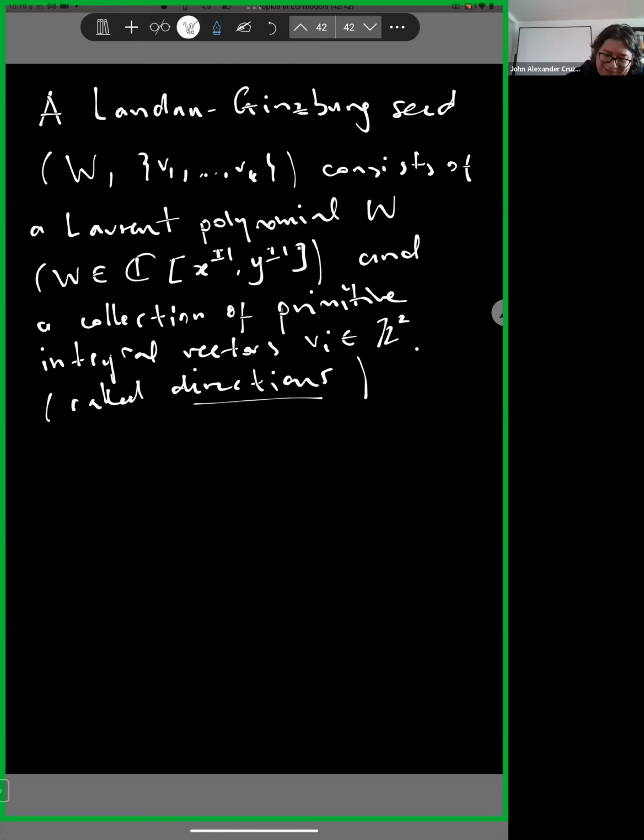And what is the property this set should satisfy? When you take any of the mutations in these directions, so each mutation, you take the mutation of W in any of these directions, it is also a Laurent polynomial.